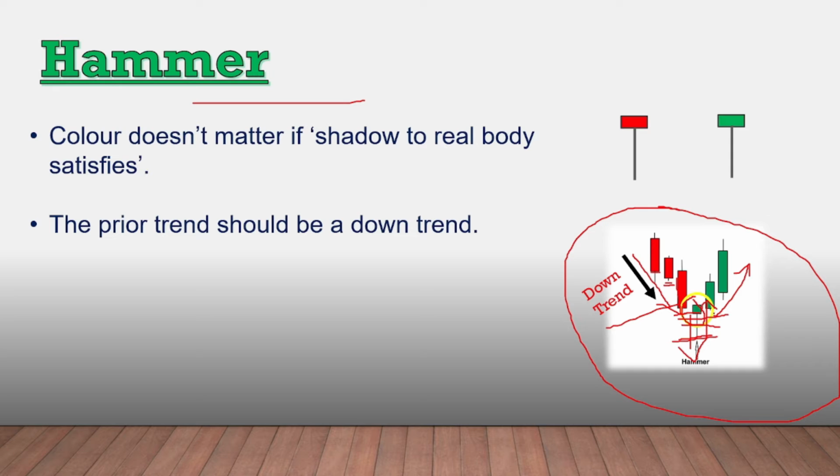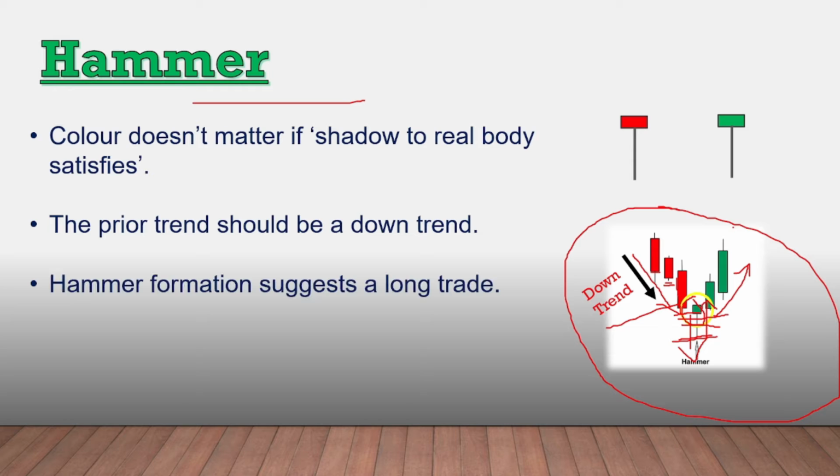Again, there is no fixed target, friends. One can set a target based on one's own risk appetite. As discussed, at this price point it clearly shows there is some buying interest. A hammer formation definitely suggests a long trade. One can look for a long position.